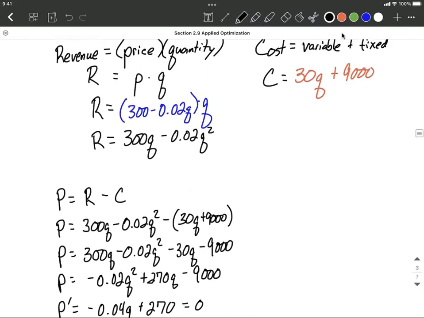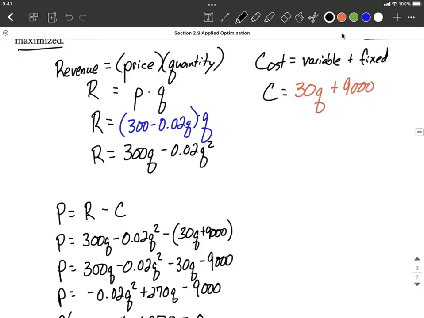The other way is slightly different. Remember, we already computed the revenue function. We can figure out what is the marginal revenue, which is going to be the same thing as the derivative of the revenue function, which would be 300 minus 0.04Q.